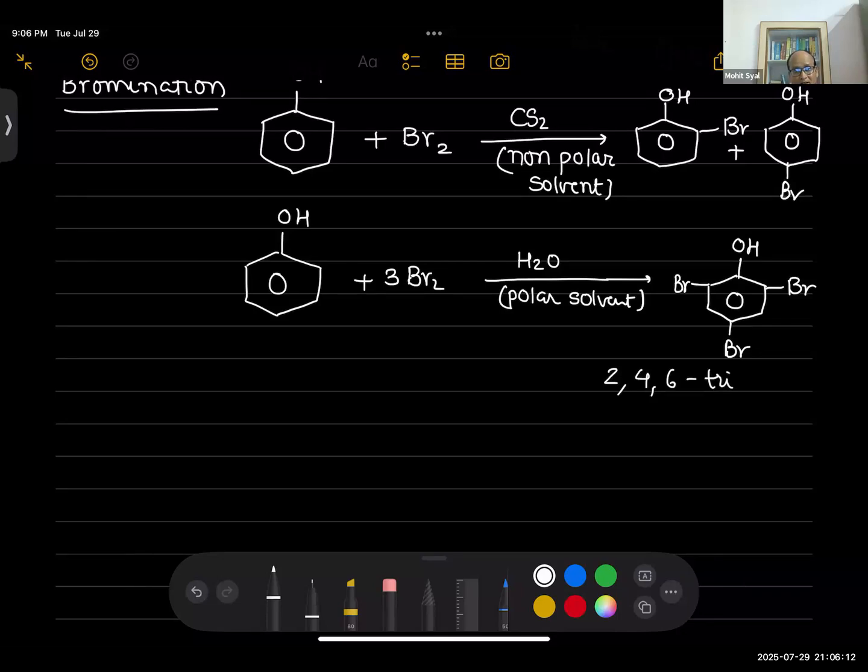Just like the picric acid, where you had 3 nitro groups, in this case we are having 3 bromine groups. This is a white precipitate, and also used as a test for phenol. Got it?